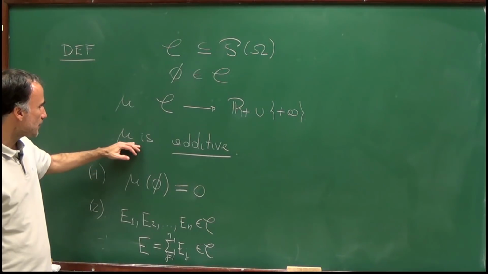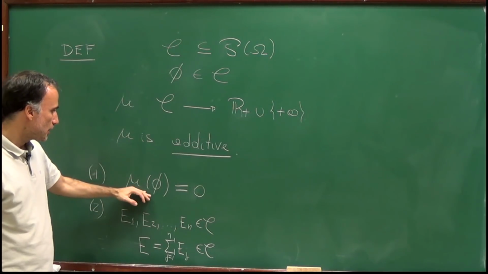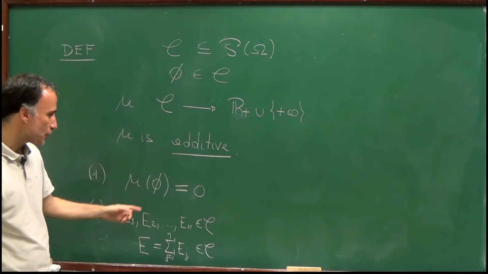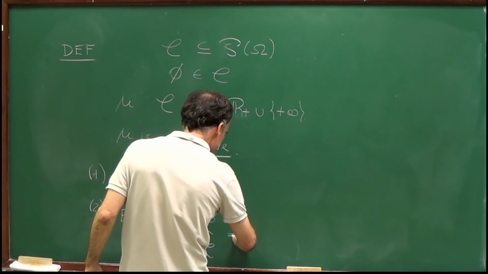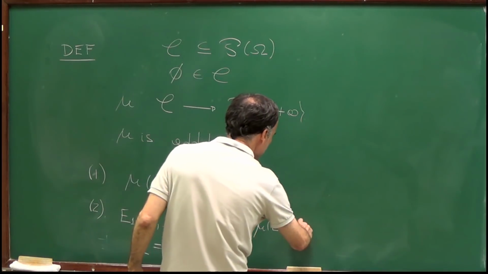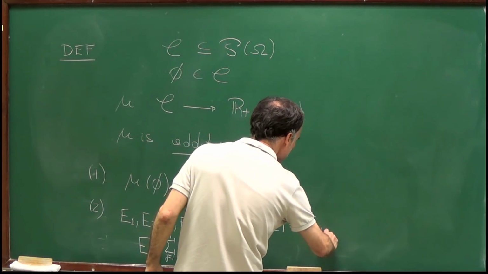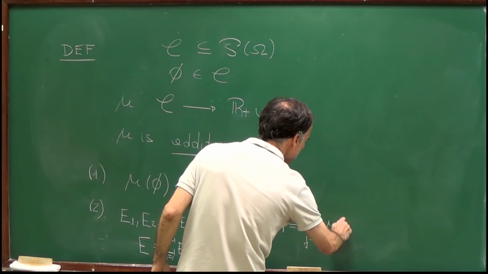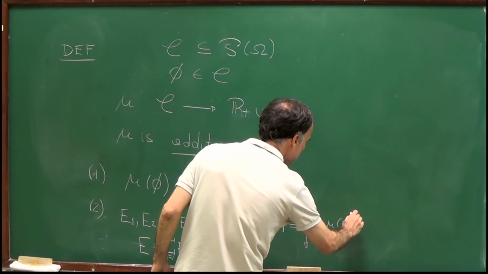So I will say that mu is additive if mu of the empty set is equal to 0, and if I take any such collection, then mu of E is equal to the sum of mu of Ej.